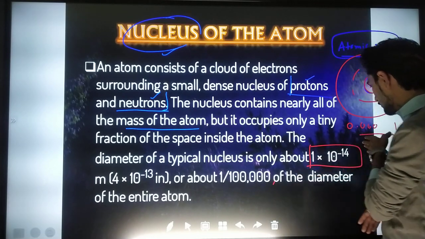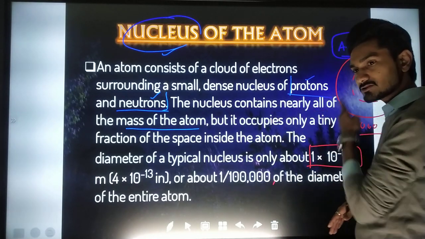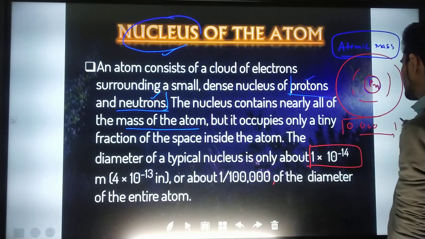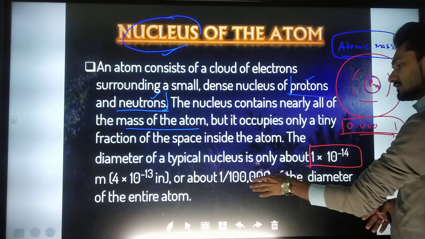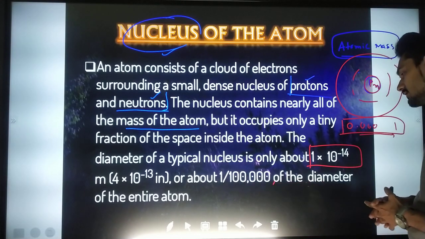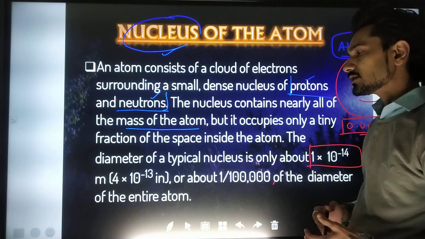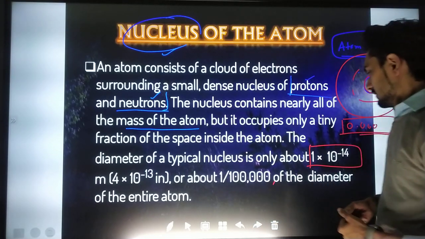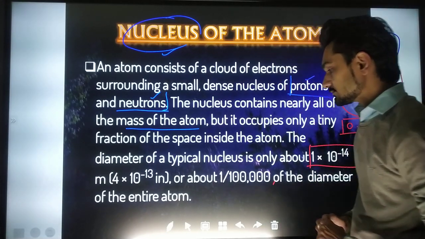We'll have to go to 14 zeros and afterwards 1, or about 1 upon 1000000 of the diameter of the entire atom, which means 1 upon 1 lakh of the diameter of the entire atom. So this is the important topic.